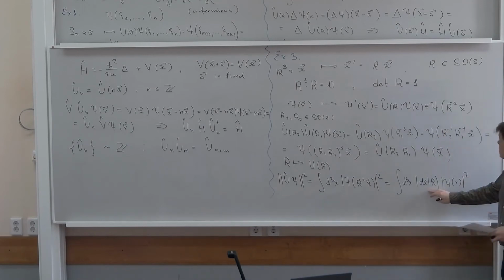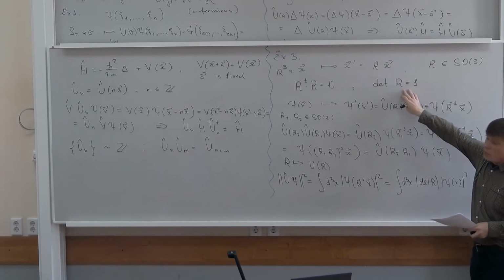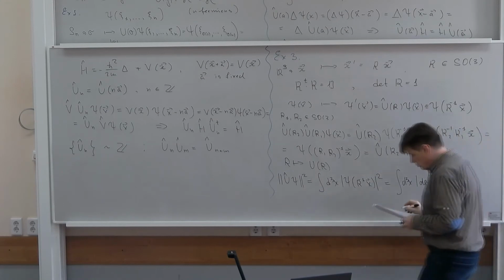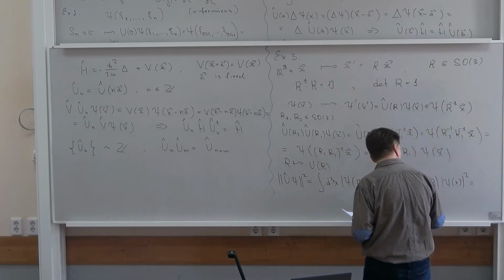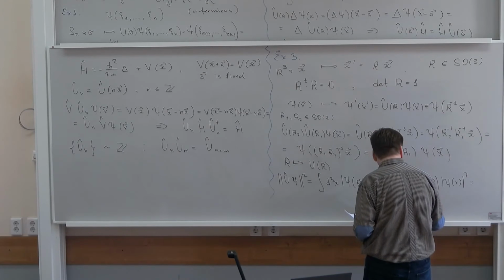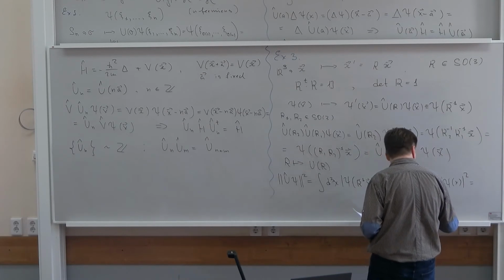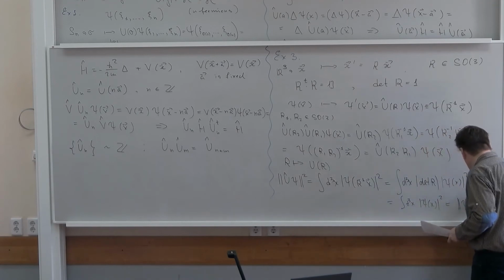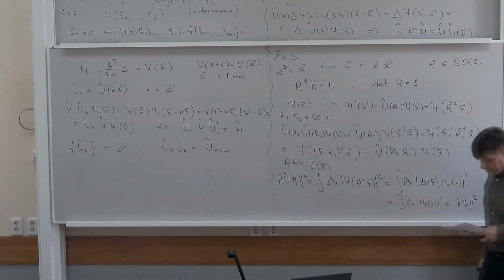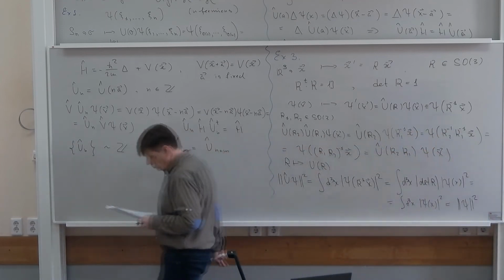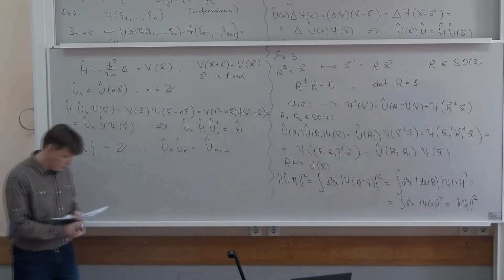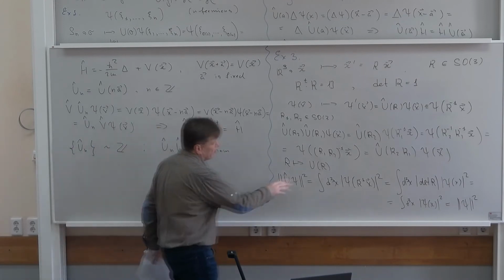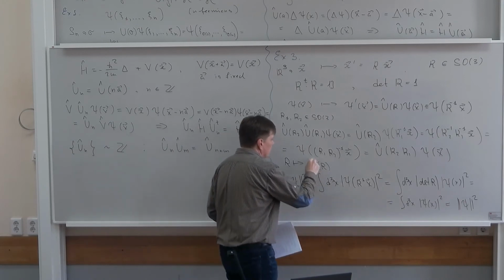And since our transformations are unimodular, the Jacobian is just one, and we get the norm squared of psi. So these transformations are unitary.